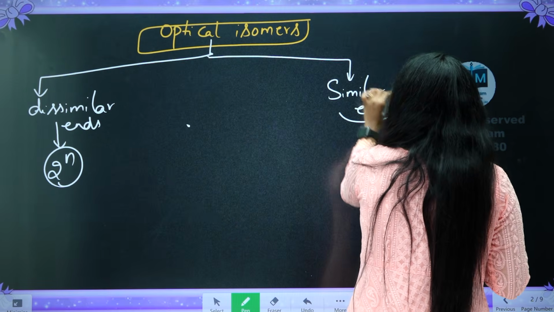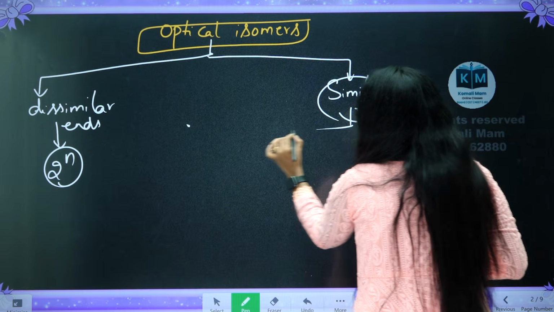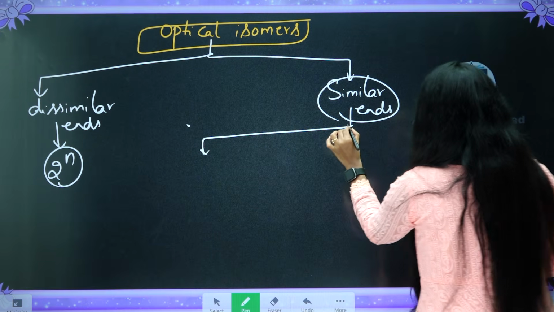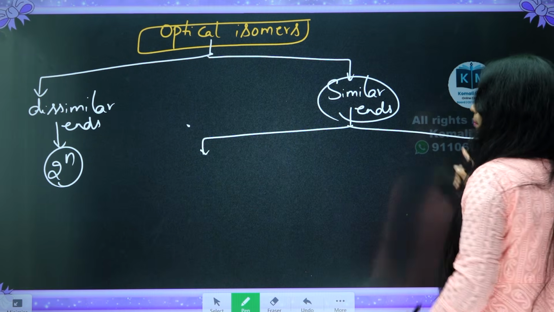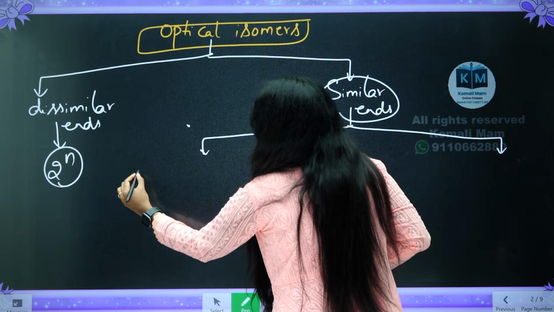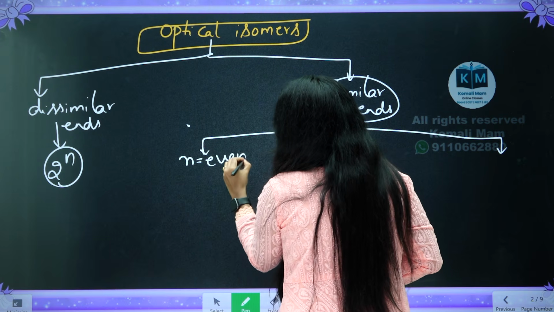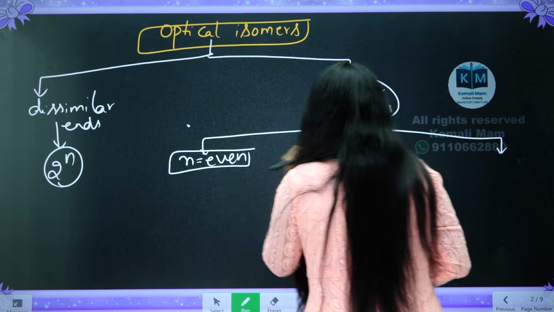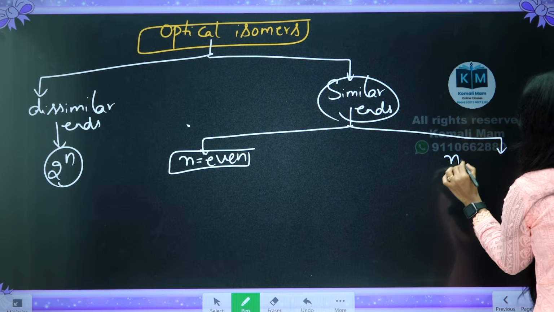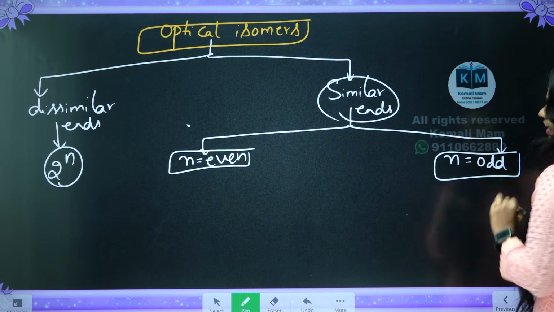If it is not dissimilar, it is similar ends. Then you have to use the formula in 2 different manners. If n is an even number, then you solve the questions one way. If n is an odd number, you solve in another way.